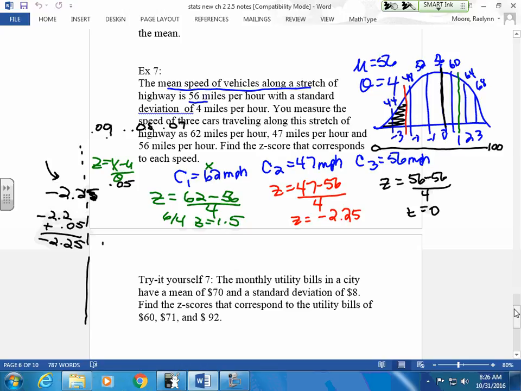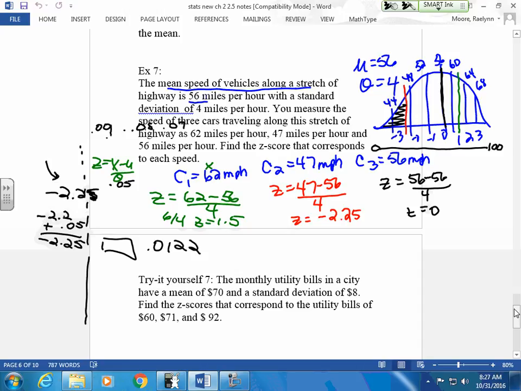Okay, so take that area off of that chart. Well, it's a negative number, negative 2.25. Find me the 0.05 and tell me what number you get where they intersect. So, what's 0 what? 0.0122. Good.